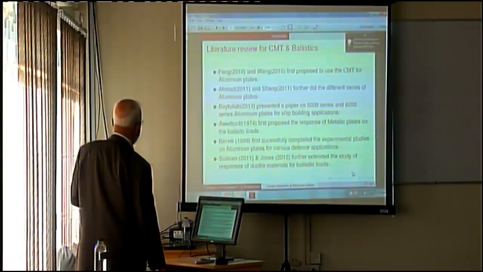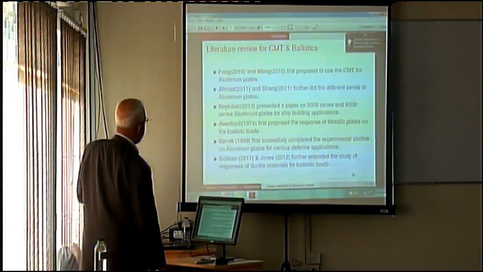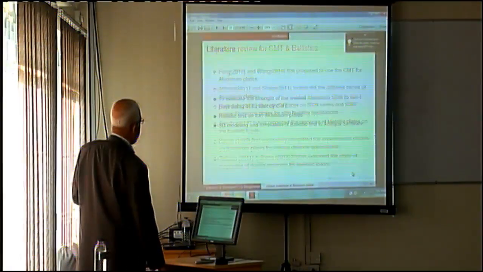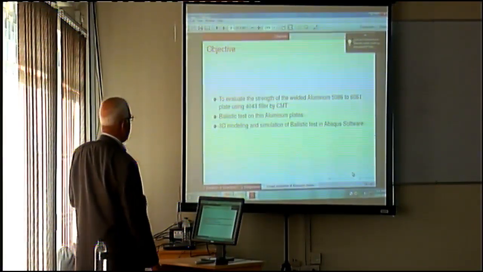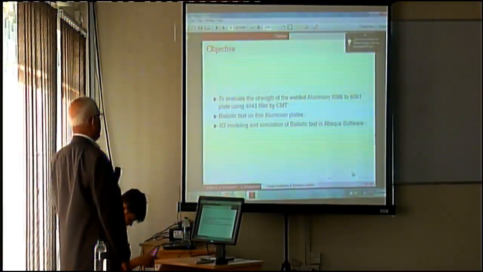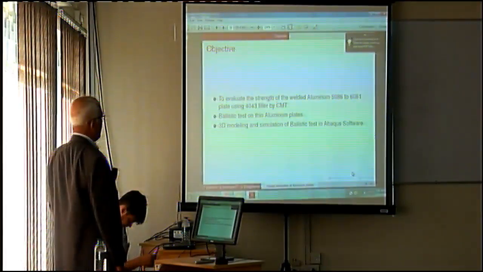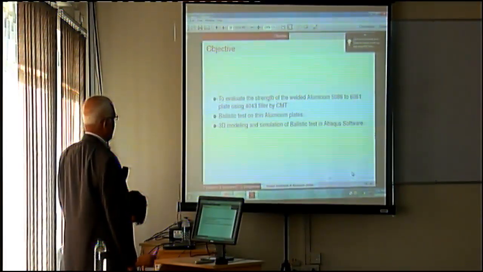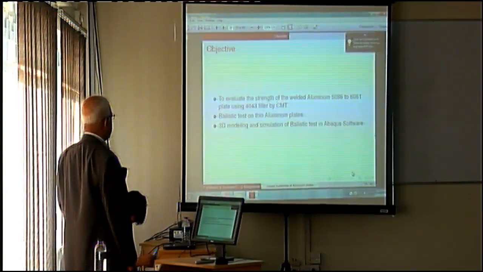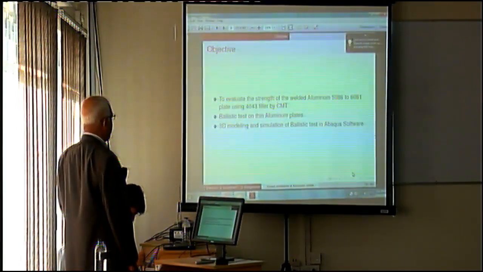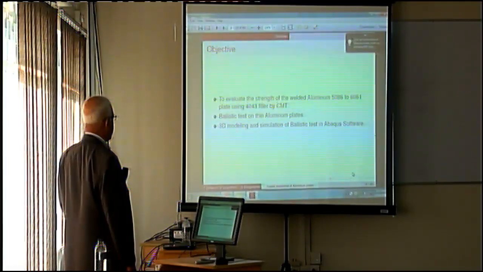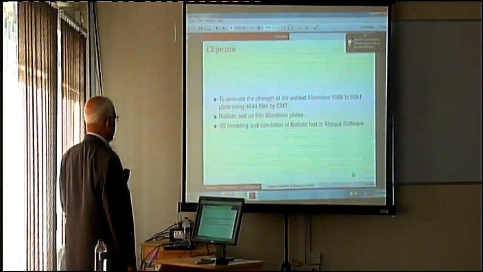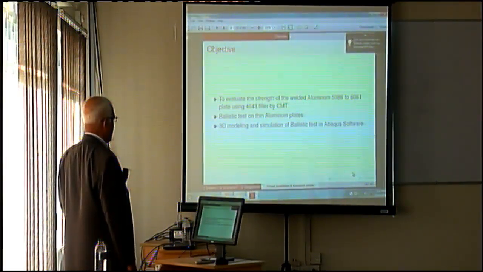A lot of others have contributed to this particular topic. The objective of this work is to weld and test the strength of the welded aluminum plates, 5086 to 6061, using this particular filler, done by CMT, with the ballistic test, and also 3D modeling simulation of the ballistic test in Abaqus software.